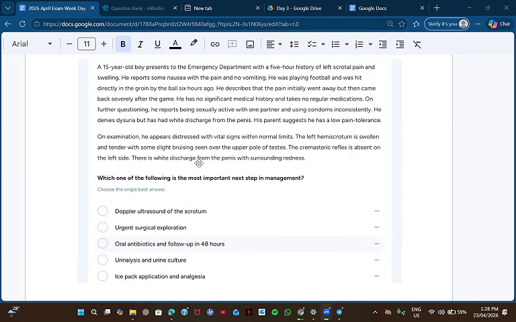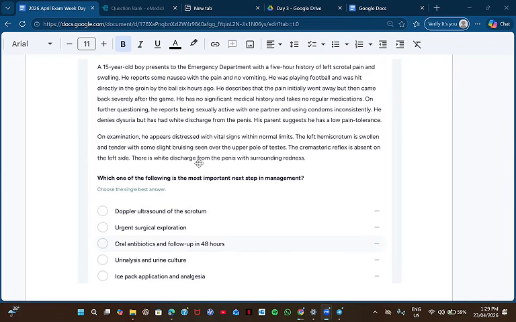He has no significant medical history and no regular medications. On further questioning, he reports being sexually active with one partner and using condoms inconsistently. He denies dysuria but has had white discharge from the penis. His parents suggest he has a low pain tolerance.